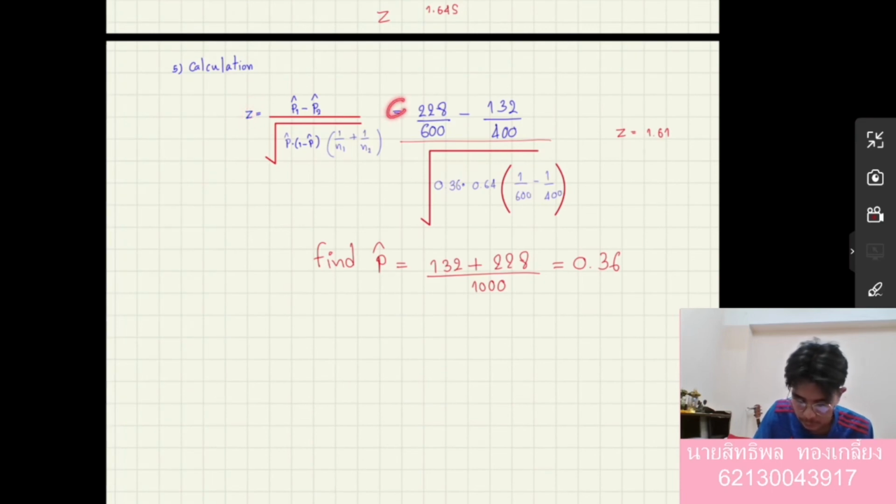Z equals 228 divided by 600 minus 132 divided by 400, divided by the square root of 0.36 times 0.64 times 1 divided by 600 plus 1 divided by 400. Z equals 1.61.